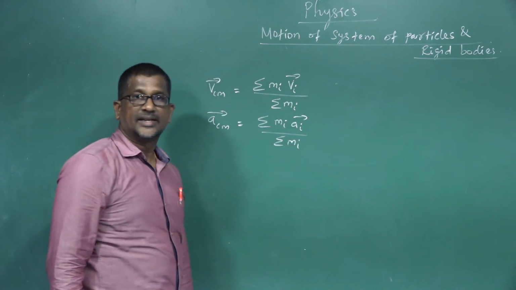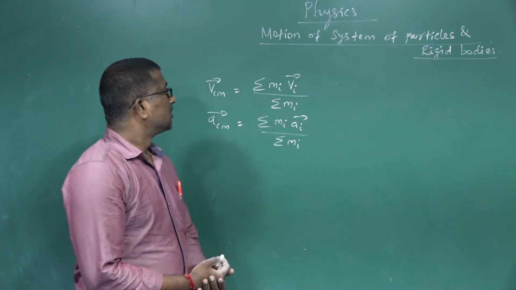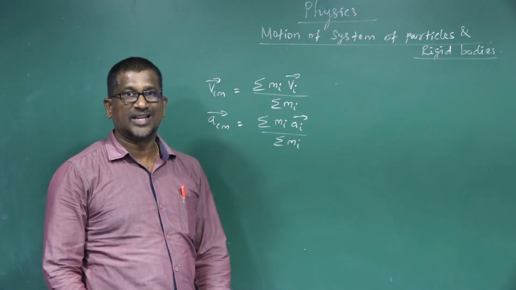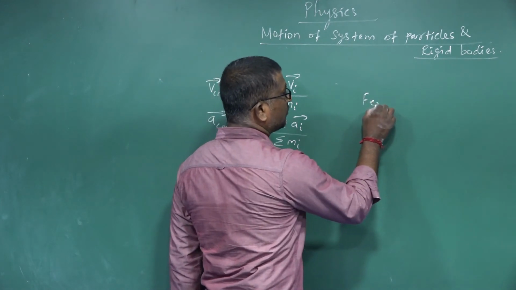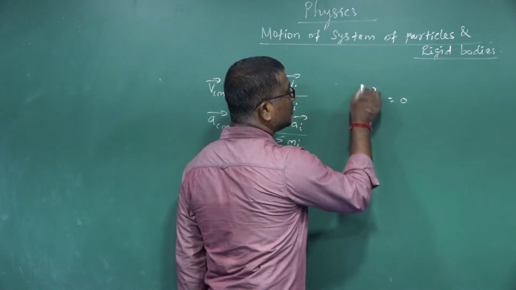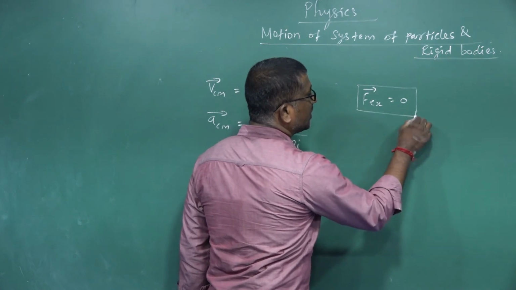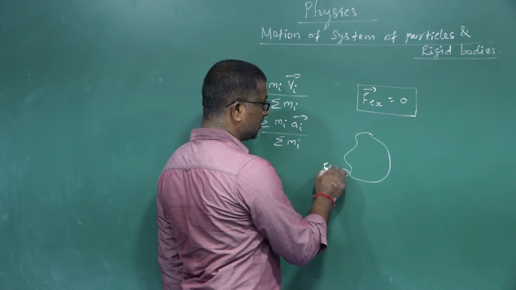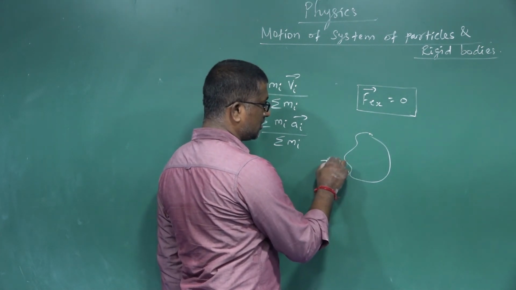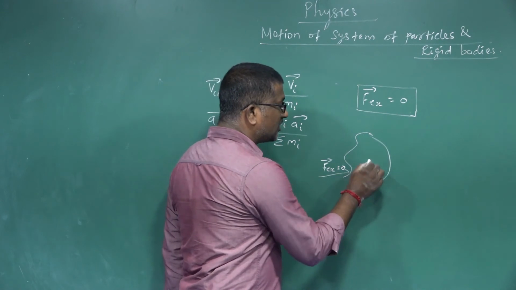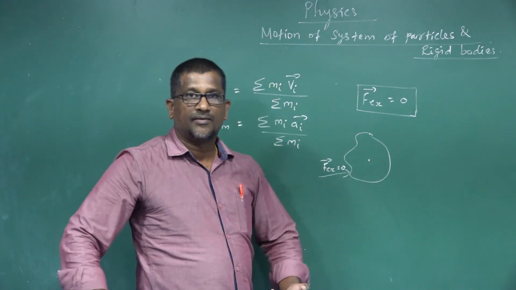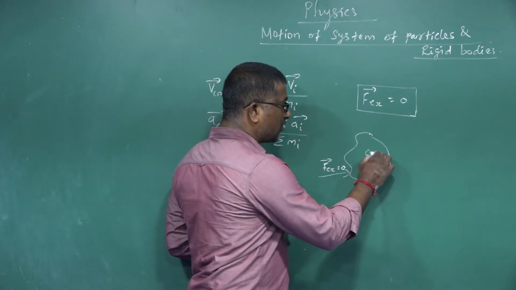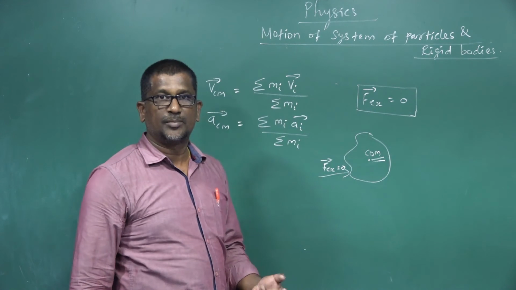Suppose there is no external force acting on a rigid body, that is, the external force acting on the rigid body is 0. Then the center of mass of the rigid body will not be affected.